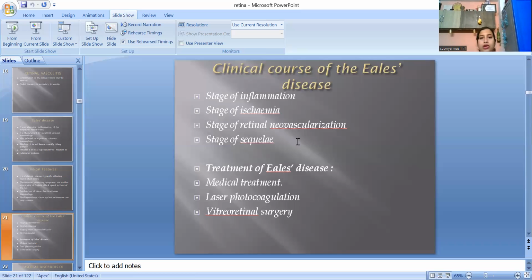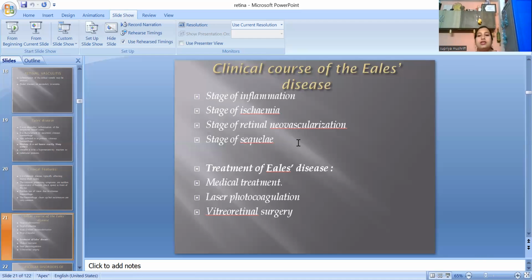And then the stage of sequelae. Now, what is the stage of sequelae? This is the stage of complications which arise in the patient of Eales disease. At this stage, the patient will have recurrent vitreous hemorrhage, which will cause gross vitreous hemorrhage, and sometimes can also cause tractional RD.